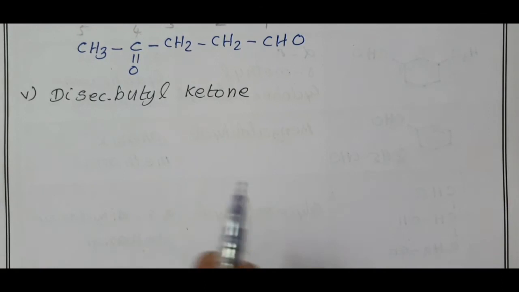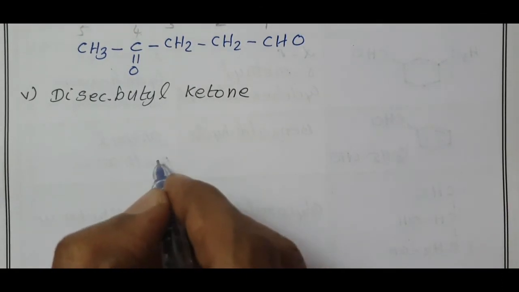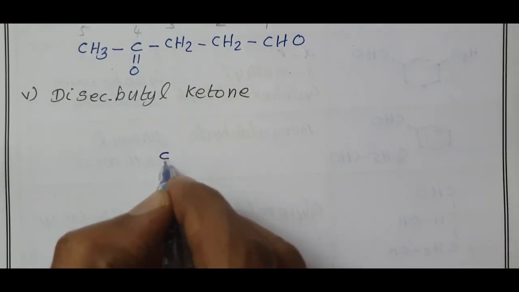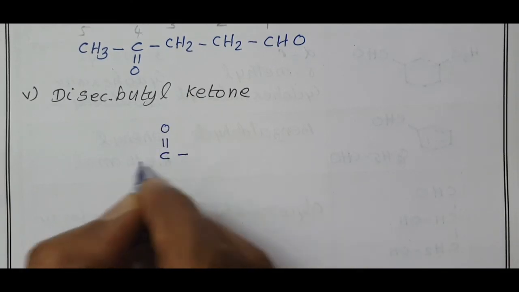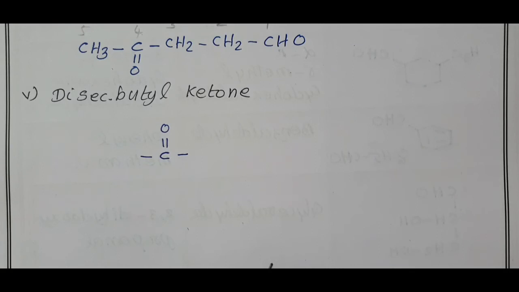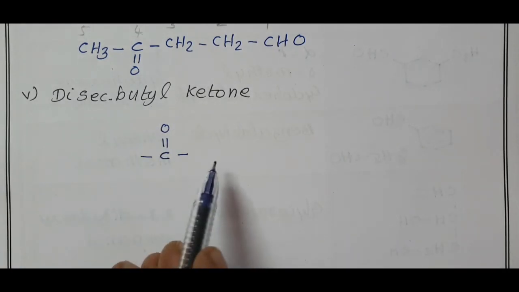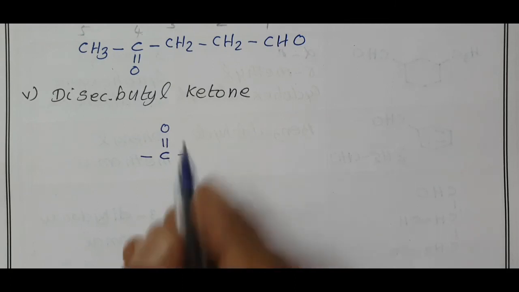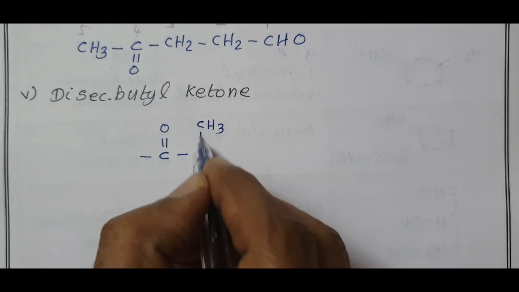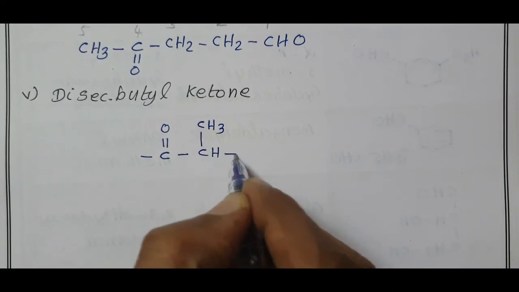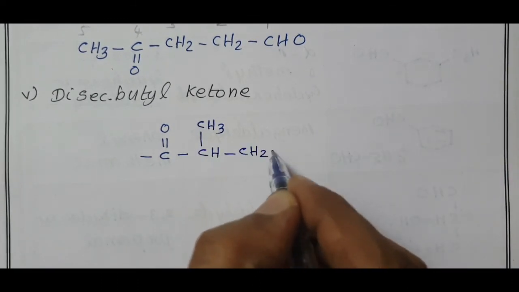Di secondary butyl ketone. Ketone functional group is C double bond O. This is your ketone. Valency of carbon is 4. Di secondary butyl means left hand side one secondary butyl, right hand side one secondary butyl. Secondary butyl molecular formula is CH3, CH, CH2, CH3.